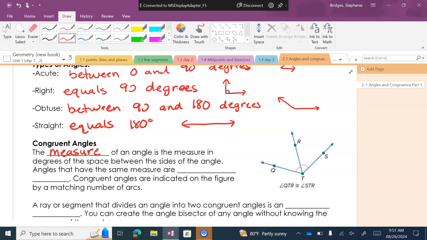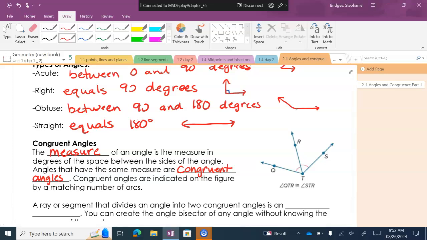And angles that have the same measure are congruent angles. And then I can either tell you in words that the angles are congruent, or I can tell you in symbols, like I could say that angle A is congruent to angle B. I can tell you that in words. That's what I mean by that.